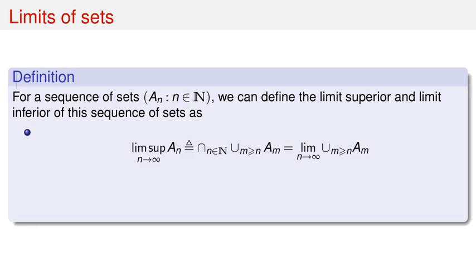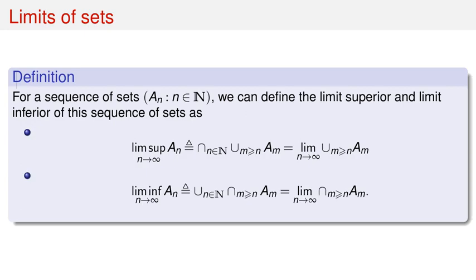The limit superior of A_n as n approaches infinity, denoted lim sup A_n, is defined as the intersection over n in the naturals of the union for m greater than or equal to n of A_m. This can also be seen as the limit as n approaches infinity of the decreasing sequence of sets formed by the union for m greater than or equal to n of A_m.